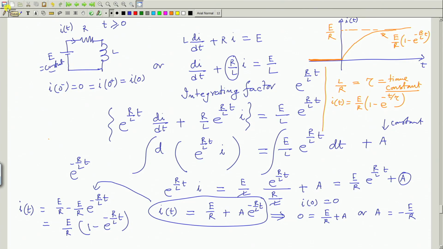So, at t equal to tau, after one time constant, the value of the current will be E by R into 1 minus e to the power minus 1, and this value is some 63.2%. It will be about 0.632, check this number, about 63% into E by R.